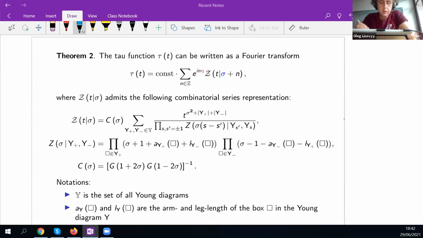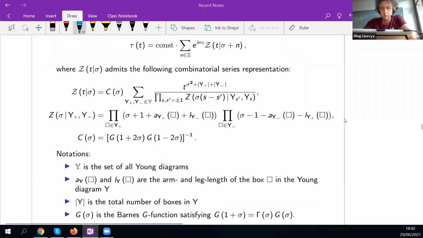So when you compute it, the final result is that the tau function is given by a Fourier transform of a certain function that I call Z, which is given by a double sum over Young diagrams, and which has many incarnations. It has an algebraic definition as the c equal to 1 Virasoro conformal block.